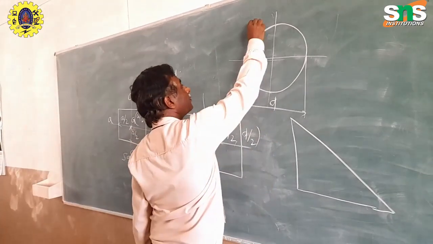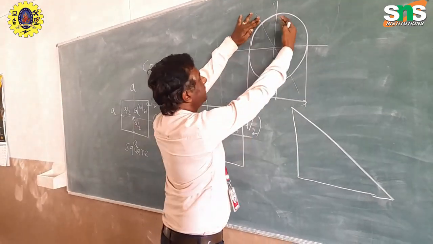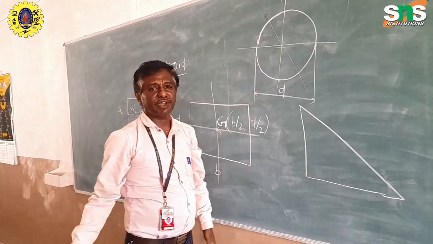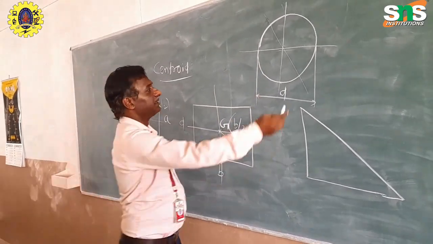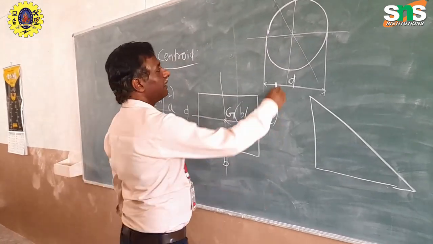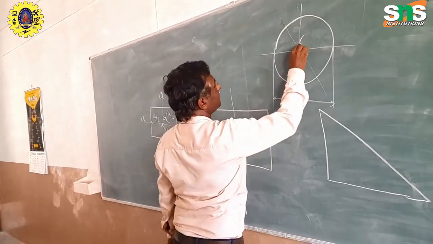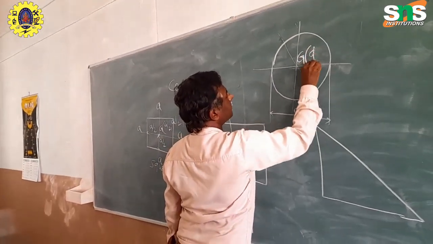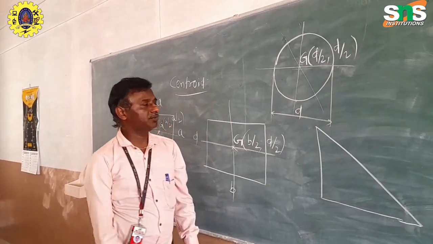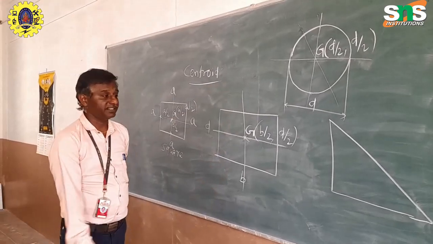If you cut like this also, this side and this side both will fold and coincide with each other. Anything which passes through this center point works. This is the center point, so this is the point called centroid. So diameter by 2 and diameter by 2. So these are the centroids for the symmetrical sections.